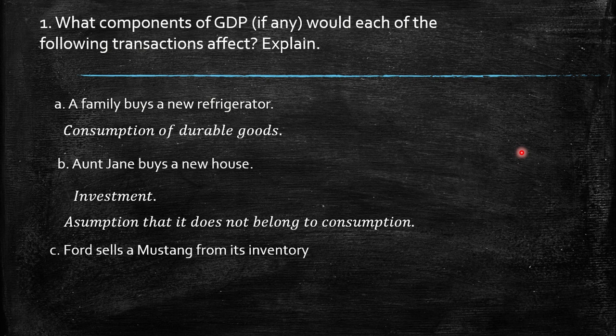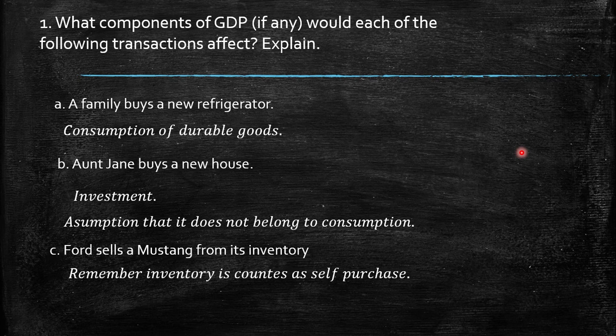C. Ford sells a Mustang from its inventory. Well, remember, inventory is counted as itself, like a purchase. So when this Mustang wasn't sold in the previous period, it was counted in inventory with its market value as a purchase by the same company.